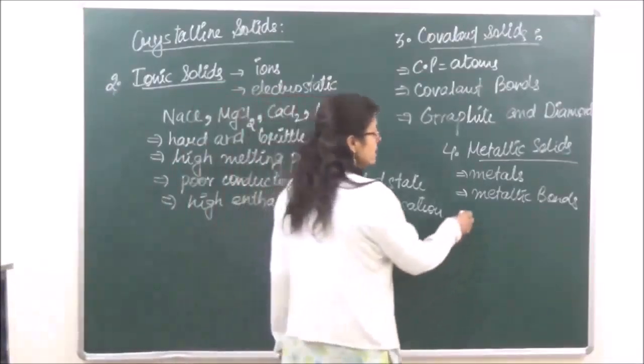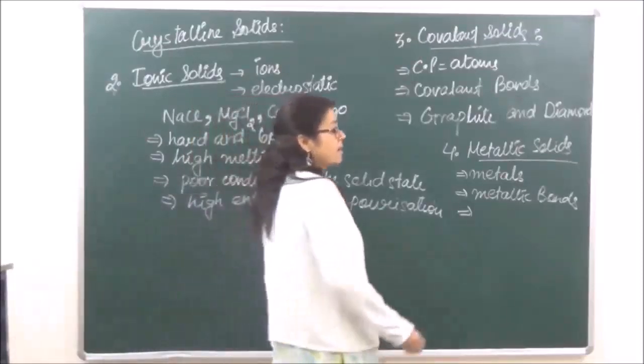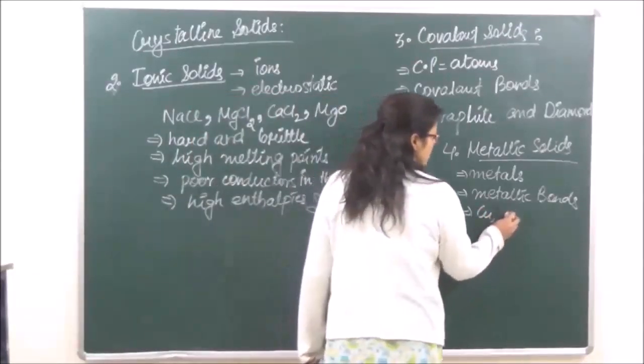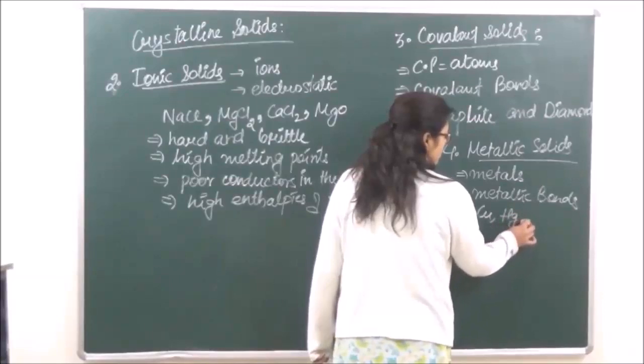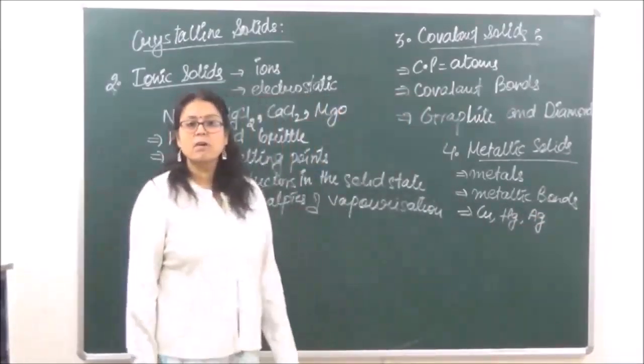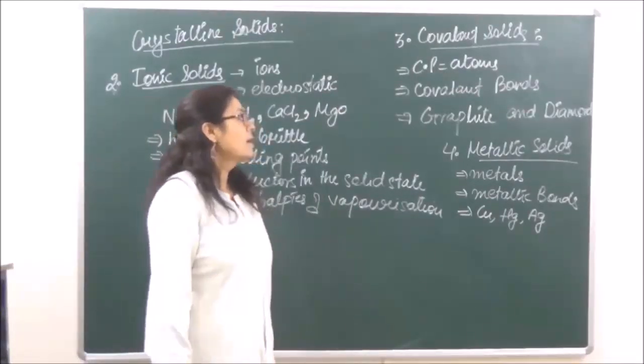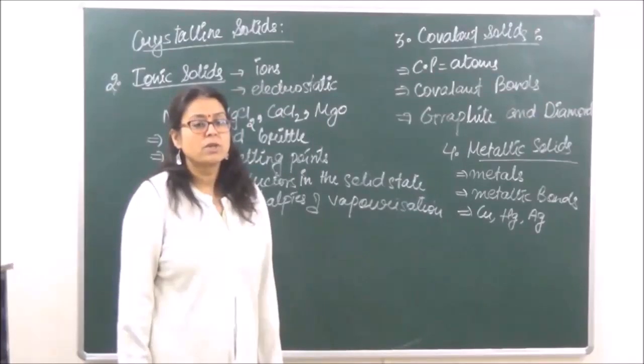An example is that all metals are metallic solids: copper, mercury, silver, gold, aluminium, iron all come under metallic solids.